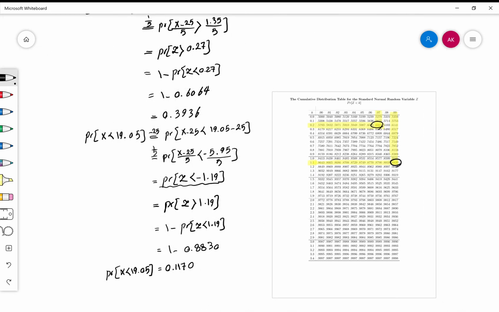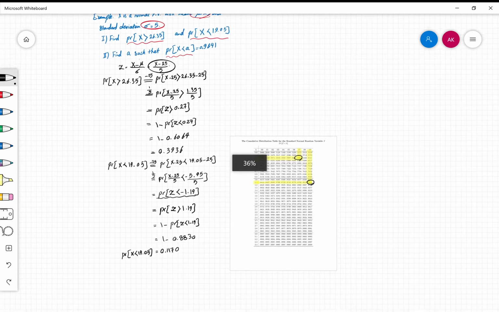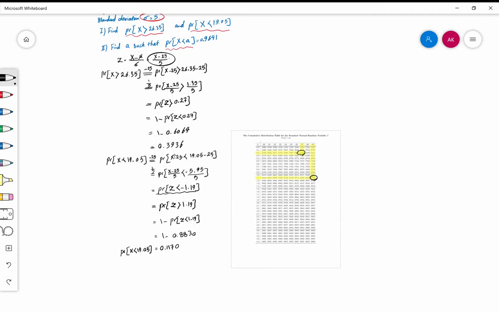How about part two? Part two is a little bit different. This time we are looking for a such that the probability of x less than a is 0.9641.